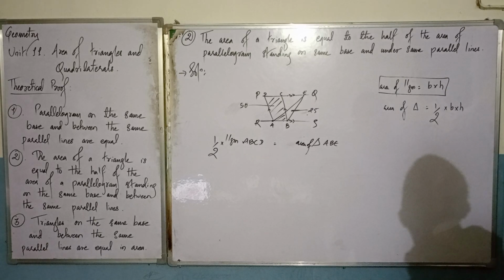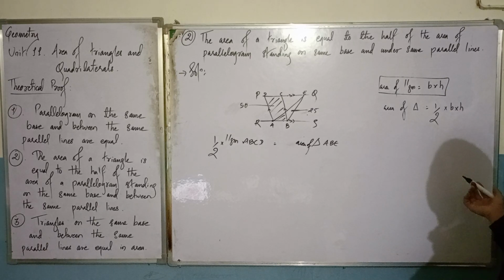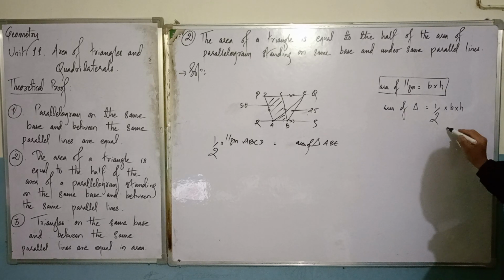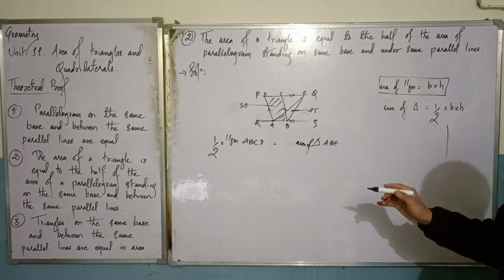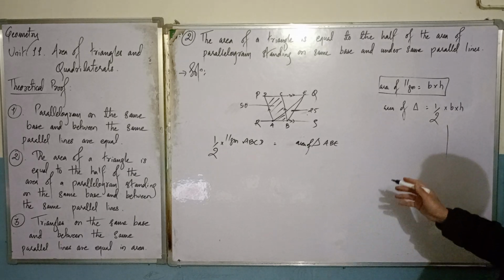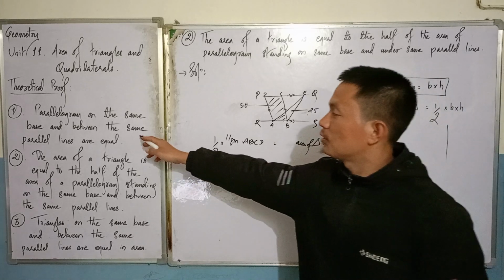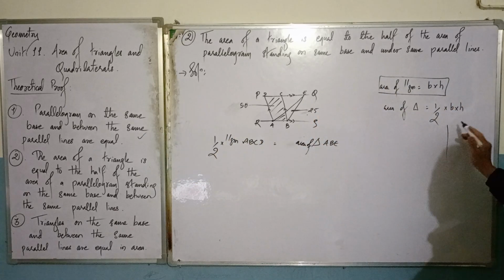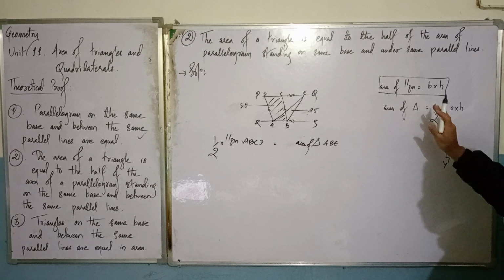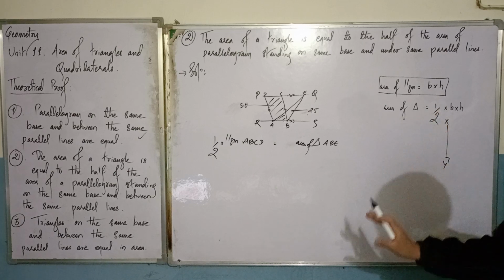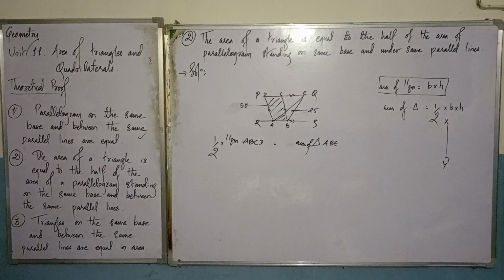So for that I'll be constructing, just like in theorem 1, where I drew the perpendicular height XY. In this case also I'm going to do the same thing. So let's move on to this.